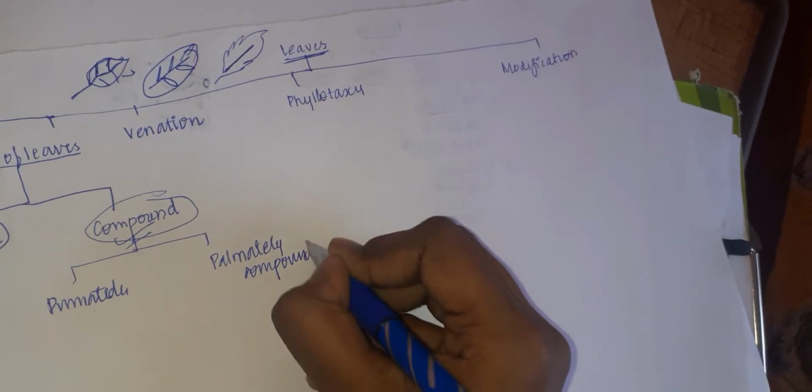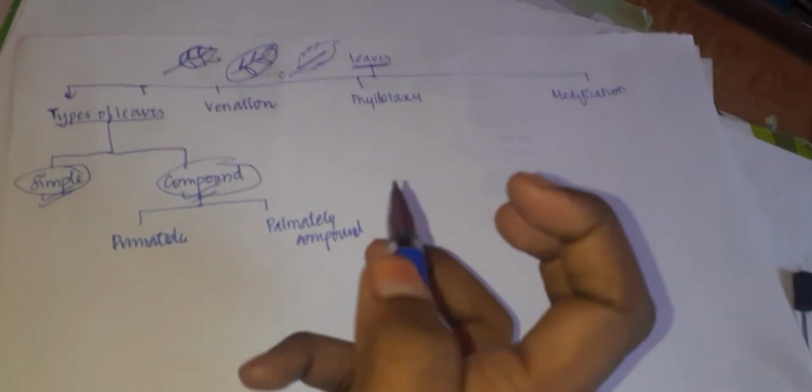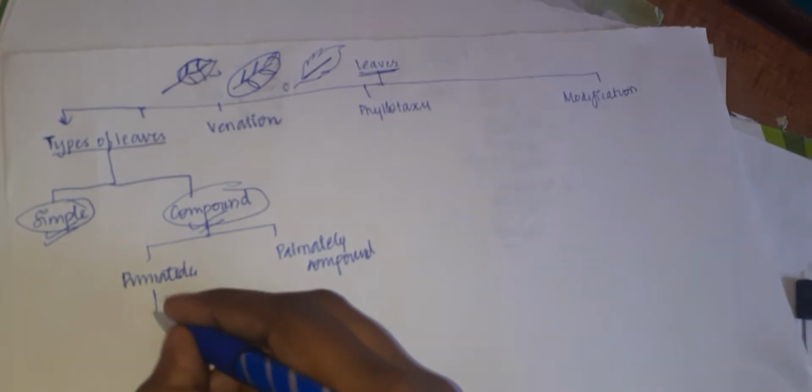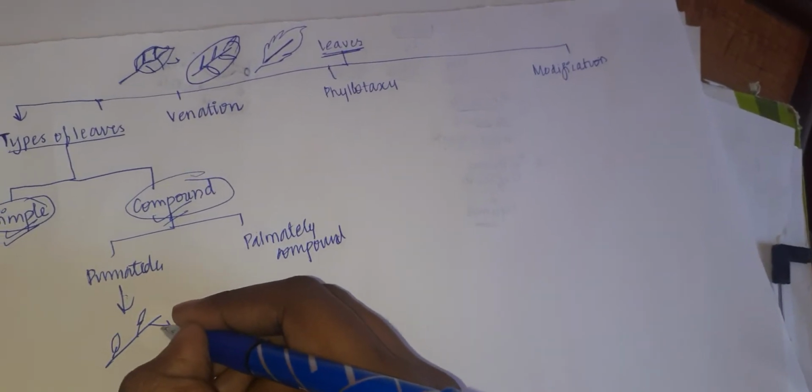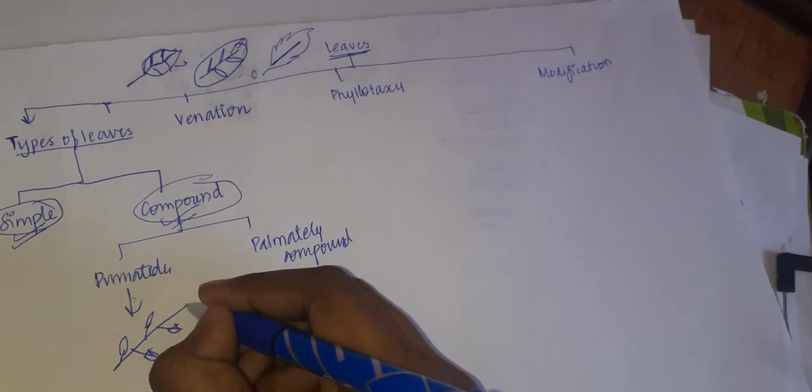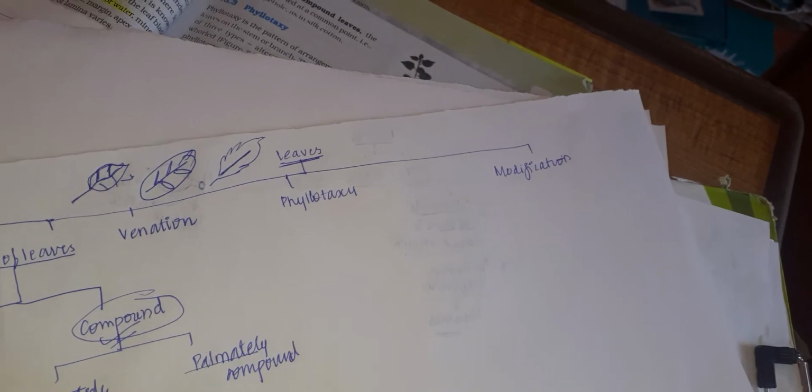So how to remember what is pinnate and what is palmate? Pinnate, what do you think pinnate means? Pinnate, pins. In this example, do all the leaflets look like pins? Yeah, that's why they call it pinnate. Palmate, how is your palm? Your fingers are divided from one point. So the leaflets divide from one point. They have a common point. Here they have a common axis.